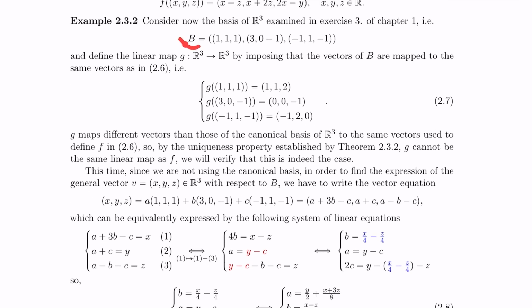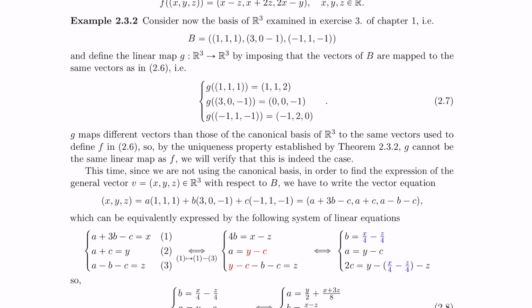Here we consider this basis B, which is the basis of R3 that we have examined in exercise 3 of chapter 1. So we already know that it is a basis of R3 and we don't have to check it. Then we consider the endomorphism given by the linear map G, and we impose that G transforms the basis vectors into the same vectors that we considered in the previous example.